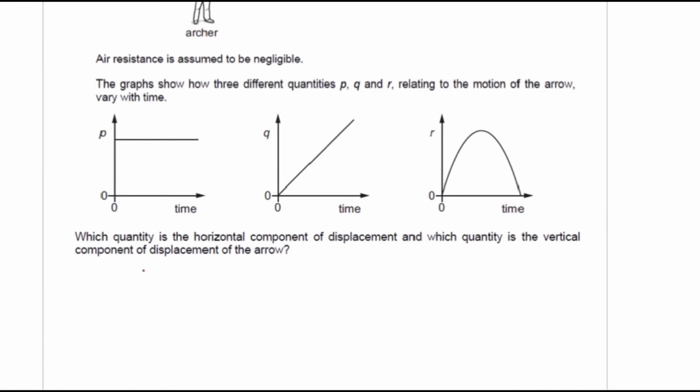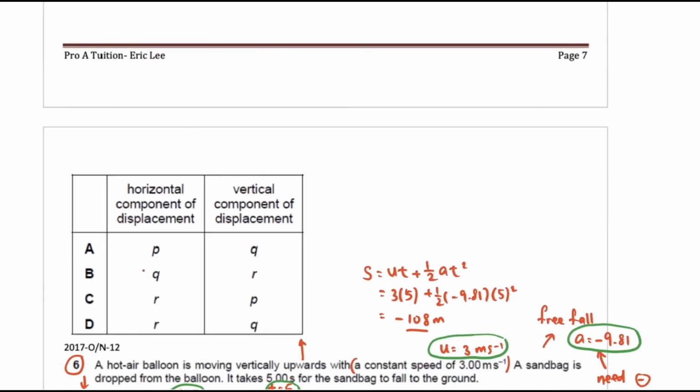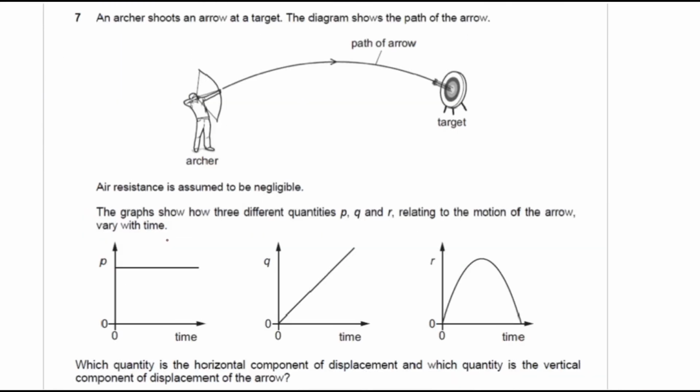Okay, so based on the choices, you see the choices at the same time. Horizontal component of displacement, vertical component of displacement. So these are the two choices given. So we determine from the choices which will make our life easier. Okay, horizontal displacement and vertical displacement.